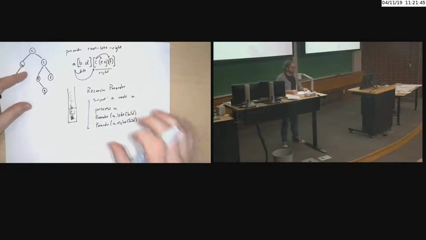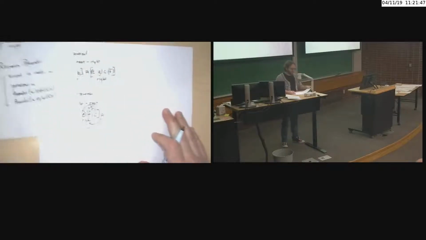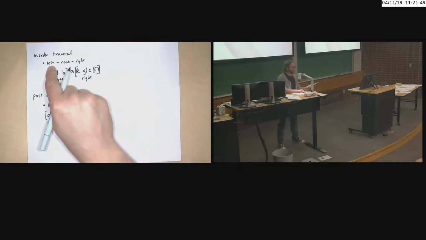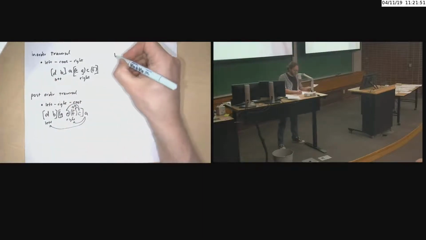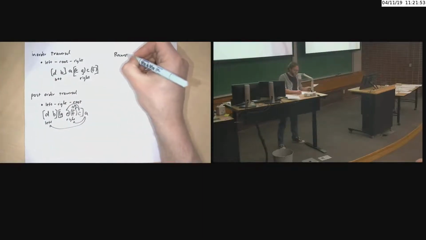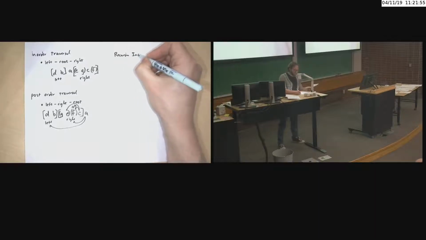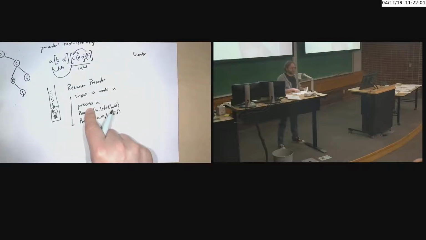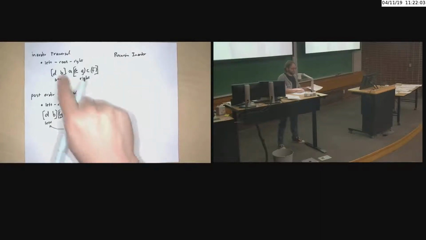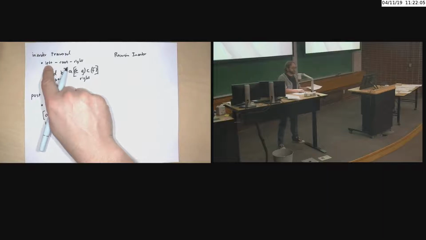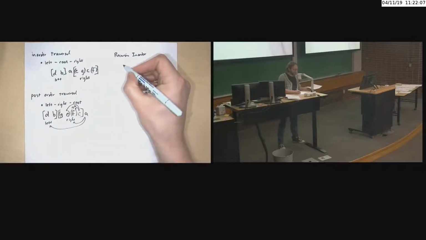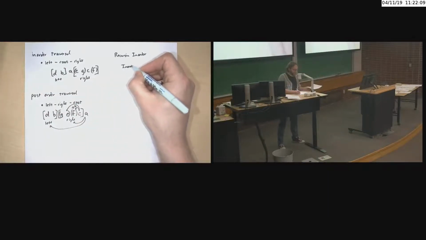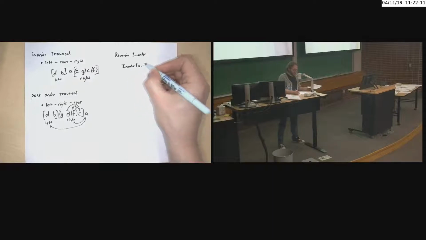I wanted to remind you of this because what would an in-order traversal look like recursively? So, recursive in-order. What's the first thing we do now? Over here, the first thing we did was process the root. But remember, in an in-order traversal, you go down to the left subtree first. So it would be in-order of u's left child.